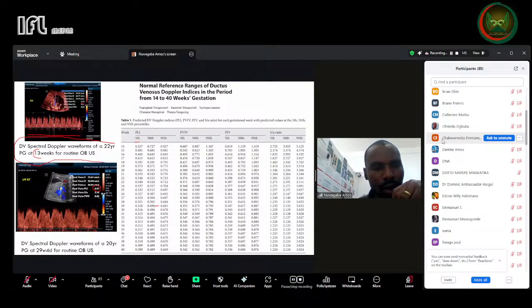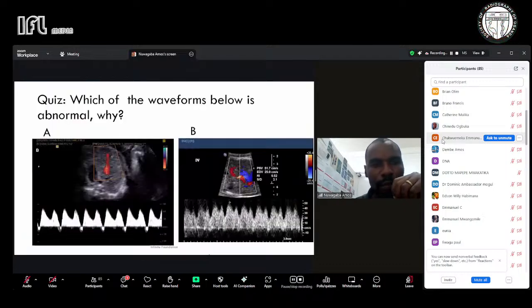And therefore, both these waveforms were for normal pregnancies, and there were no concerning features. So in this image, I have two images, and if it is okay, if our participants can tell us which of these waveforms is abnormal, and probably tell us why they think so.